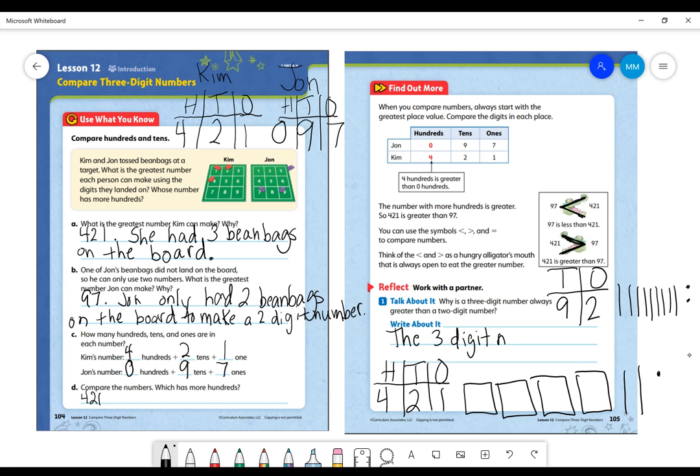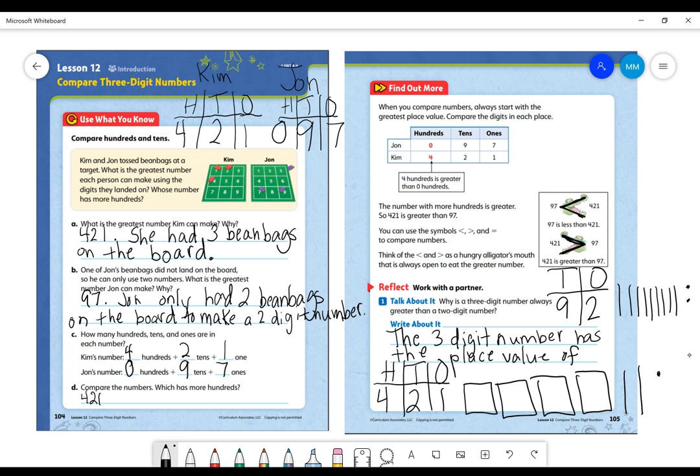The 3-digit number has the place value of hundreds. So it is always greater than a 2-digit number because it has the place value of hundreds. 2-digit numbers only have the greatest place value of the tens place. The greatest place value in a 3-digit number is the hundreds place.